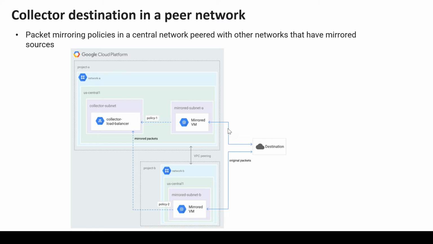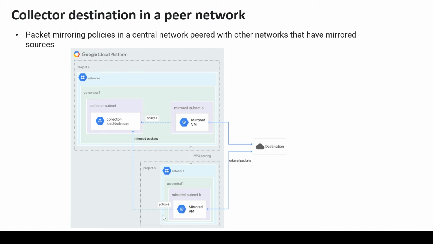Now, the second architecture could be like this: collector and destination in a peer network. Let's imagine that your packet mirroring policy is in a central network peered with the other network that has a mirrored source. So let's say you have two networks across projects, right? This particular project we have already covered here. Now we are adding one more project where we have one more network and a source VM, but we want to mirror the packets in project A, where we have the collector instance.